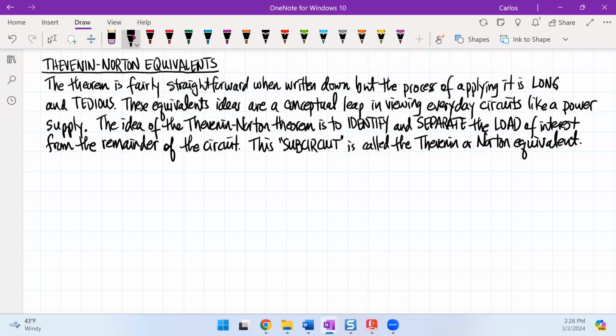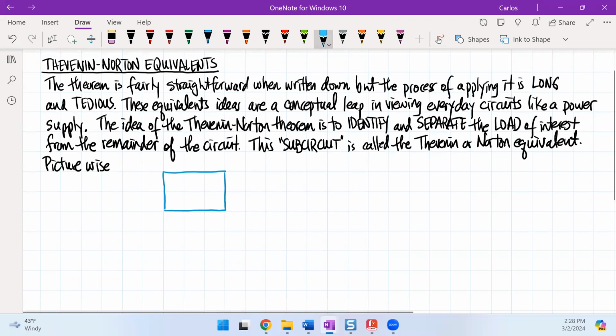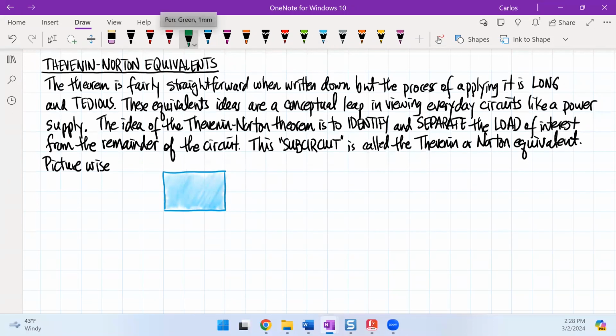So picture-wise, I see two components of the circuit. So I have a circuit here, and what I see is that there is a load someplace.